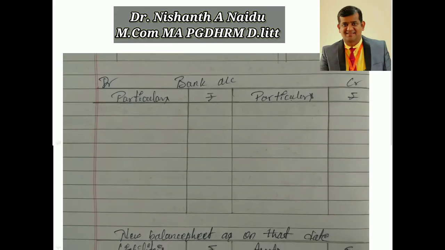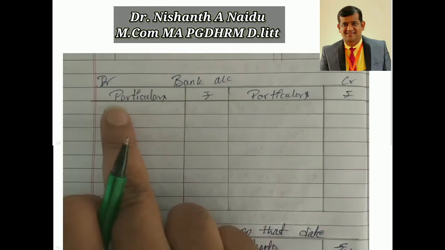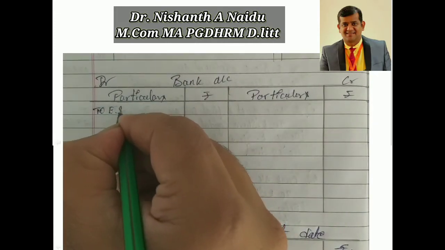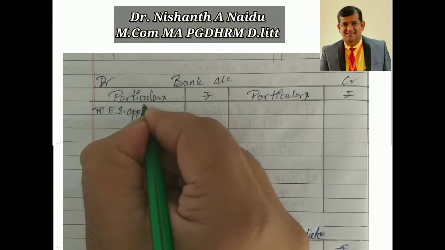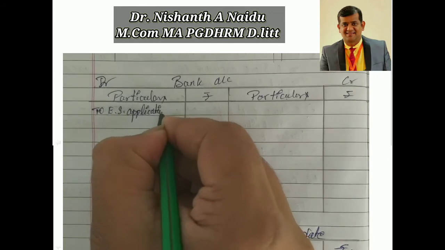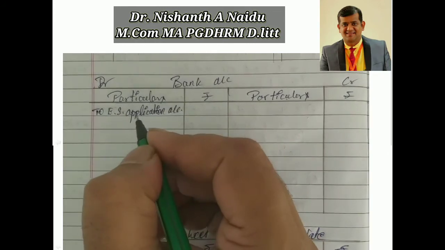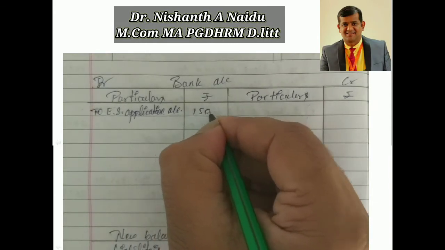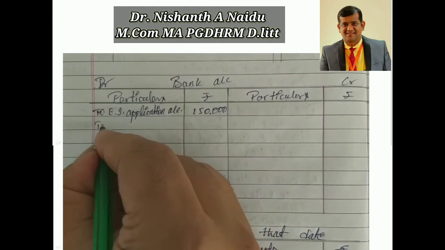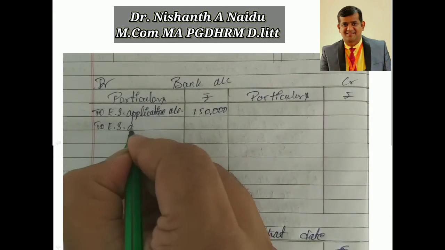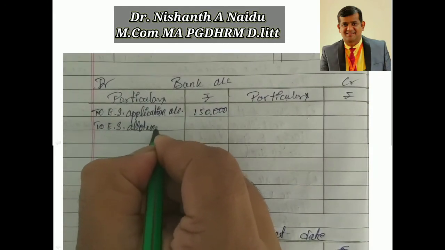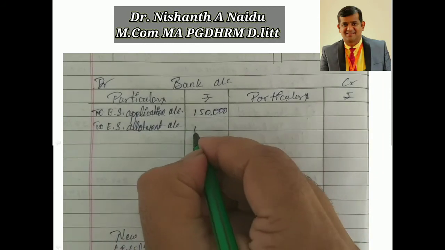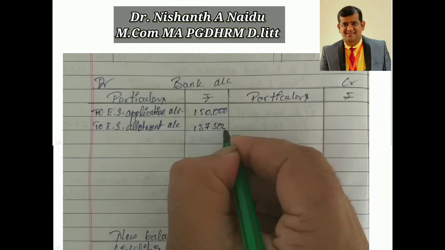So now I have to do the bank account. I have already ready with the bank account table. Particulars, rupees. To equity share application account. So how much we have received on application? I have received through bank 1,50,000. Then to equity share allotment account, how much I have received against allotment? 1,37,500.